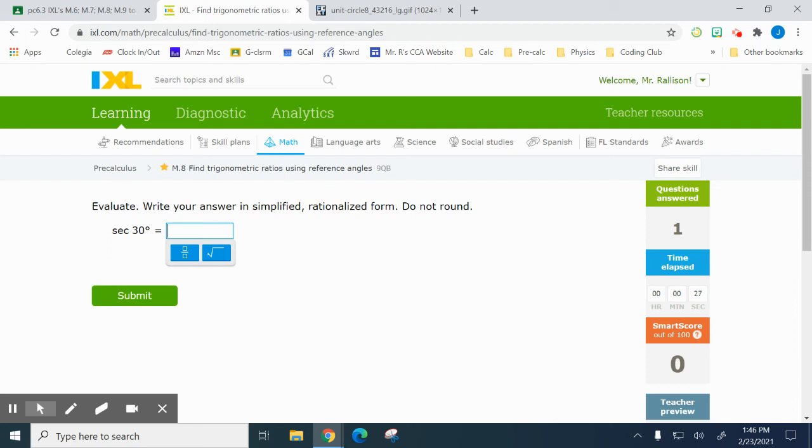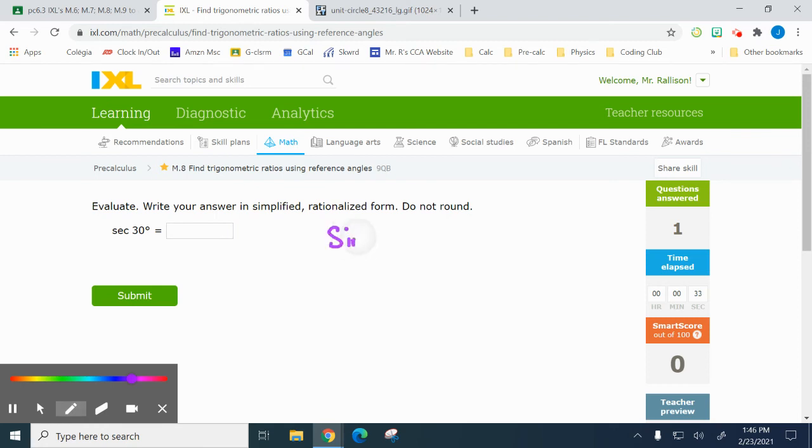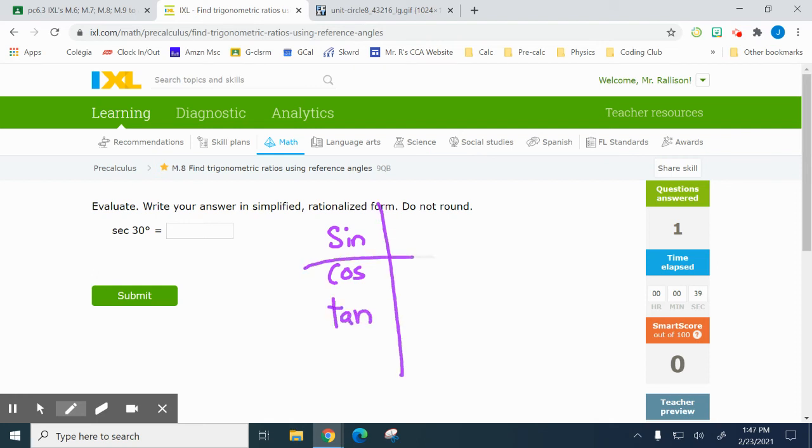Secant. The thing you've got to remember here is that you've got sine, cosine, and tangent. Then cosecant equals 1 over sine. Secant equals 1 over cosine.